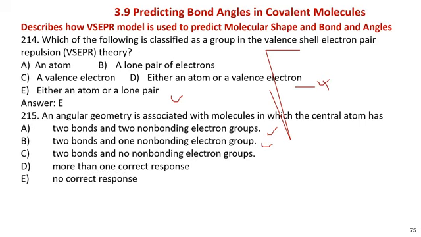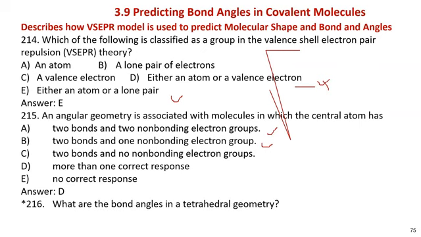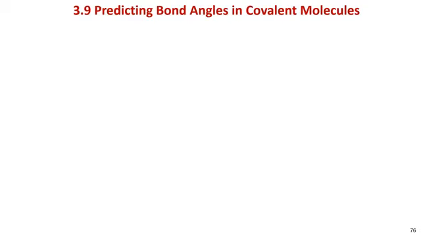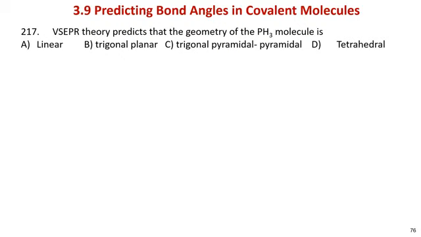These two are correct. Water has two bonds, two non-bonding. Two bonds and one non-bonding is also one group, angular geometry. Tetrahedral geometry is 109. Answer is C.